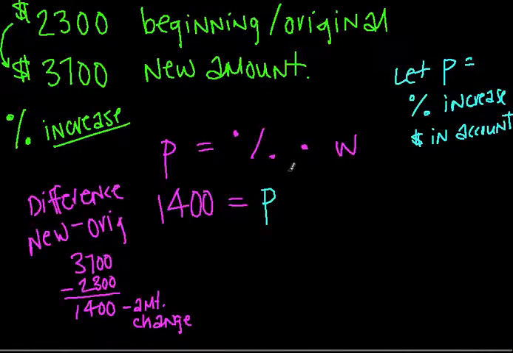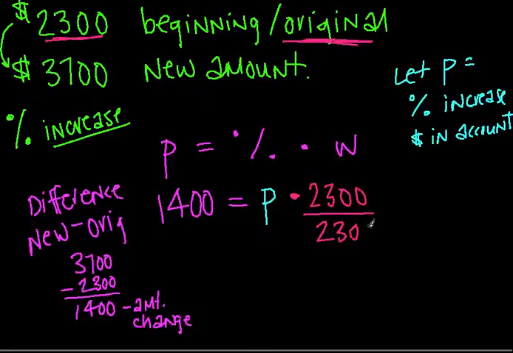The whole is always the original amount. So the original amount is always the whole. So that's 2,300 times P. To get P by itself, we're going to divide both sides by 2,300.